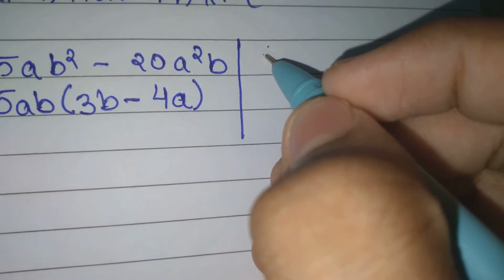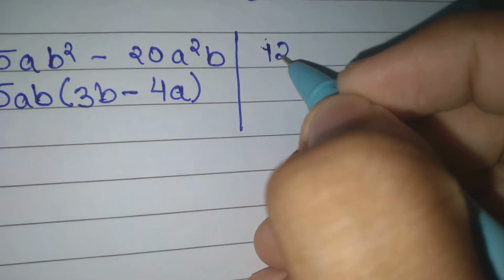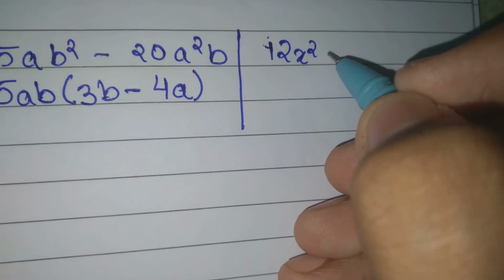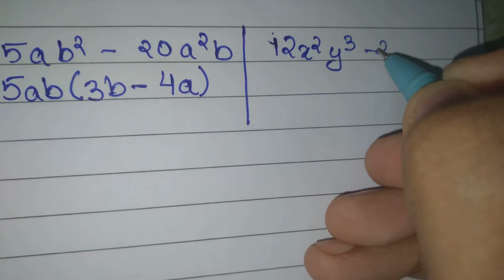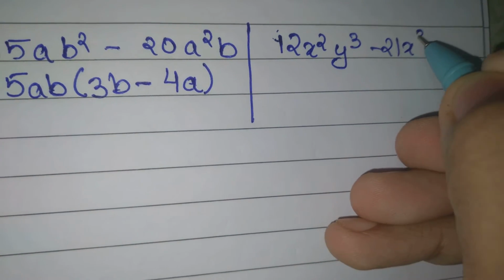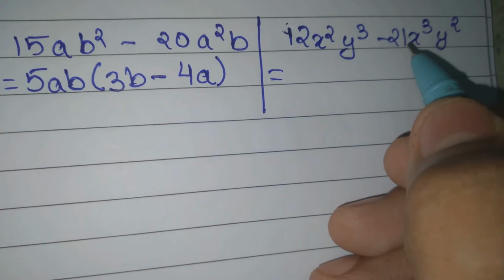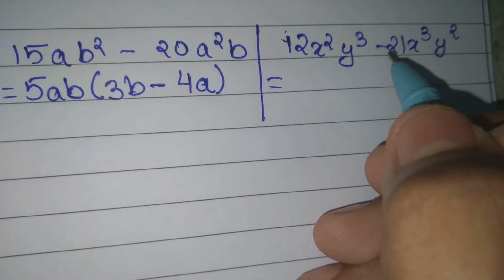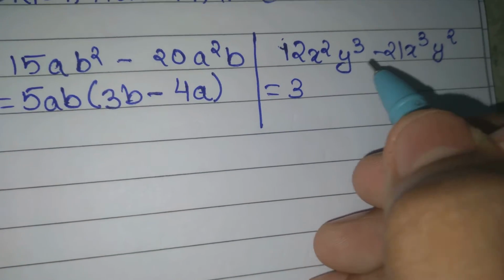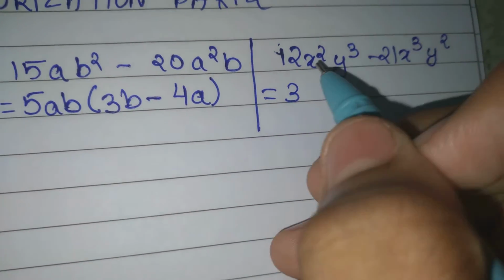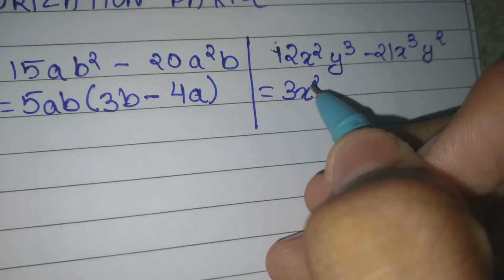So the next part is 12x squared y cubed minus 21x cubed y squared. We can view 12 and 21, again it's 3. Then for x, we will take the least power, x squared.